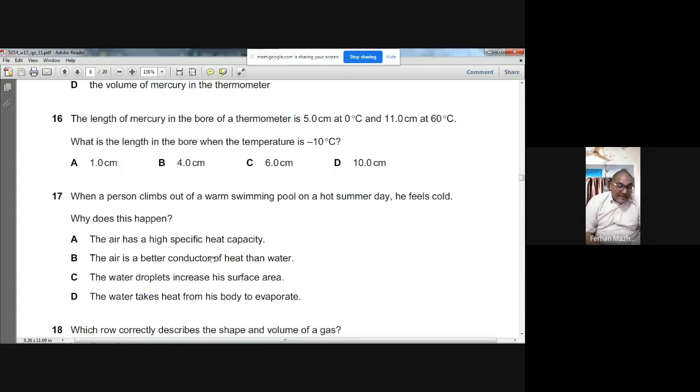L2, that's 11, minus L1, that's 5, equals theta 3, that's minus 10, minus theta 1, that's 0, divided by theta 2, that's 60, minus 0. So we will have x minus 5 divided by 6 is equal to minus 10 divided by 60. And you will have x minus 5 is equal to minus 60 divided by 60. x minus 5 will be equal to minus 10.